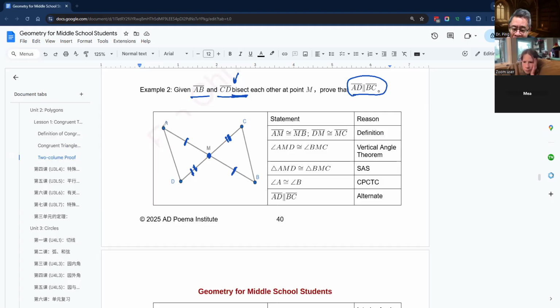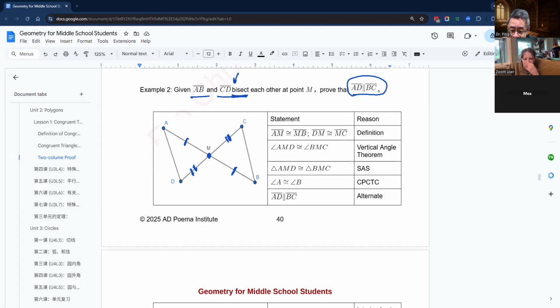So that means AM is not necessarily equal to MC, but MC is equal to DM, and AM is equal to BM. So that's what we mean by using those ticks. Okay, that's first what we got.